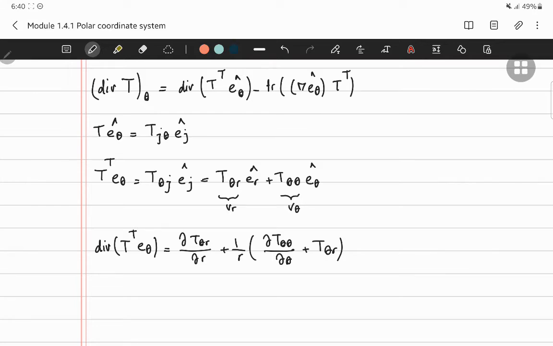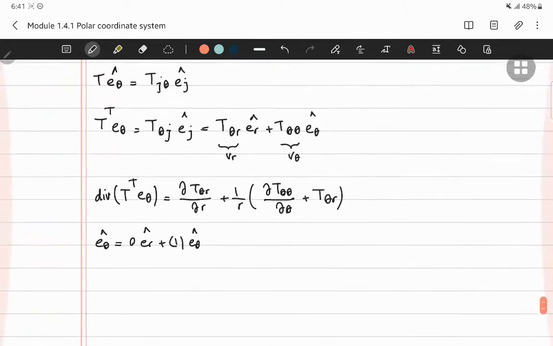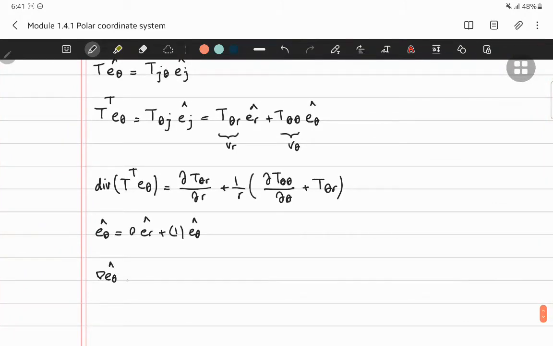All right. Then I have e_θ, which is basically 0 e_r plus 1 e_θ. So I have del e_θ, which is equal to, so I have partial, this is V_r, and this is V_θ.